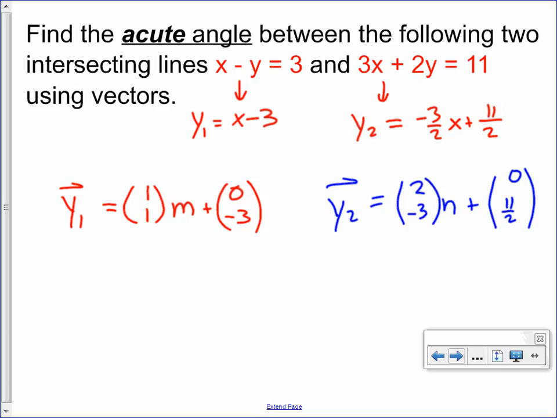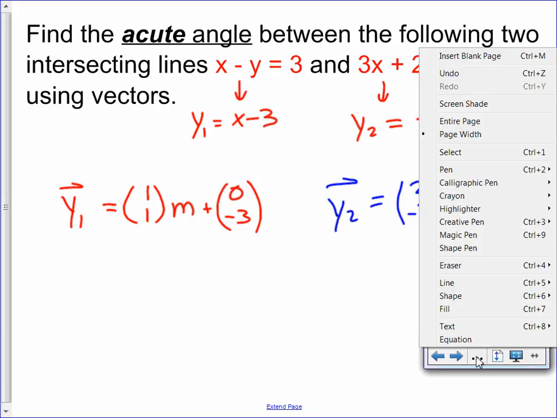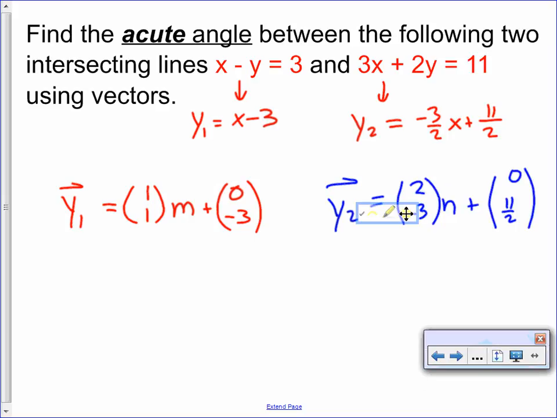Remember that these lines exist from the position vector. So all you need after that is the direction vector. You just need the direction vector to figure out the angle between the two lines. So you need to know what direction the lines are going to find the angle between. Does that make sense?